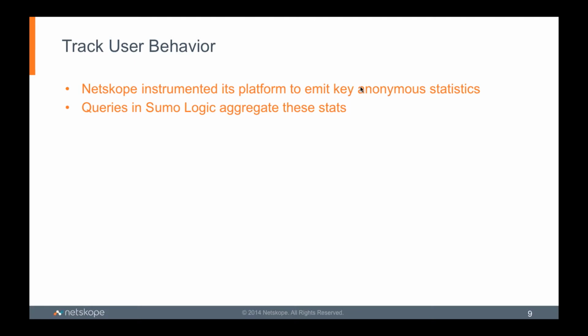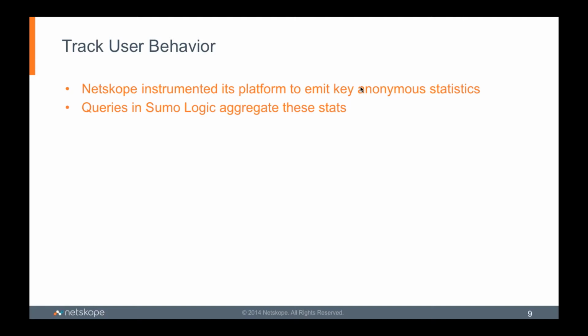So I talked about first use cases to track our customer or user behavior, and one of the things we did, as Kumar said, is developers instrument their code to log messages, and with messages we log certain anonymous statistics. Which URL was visited, by what anonymous user ID, and whether they logged in, or the login failed, or did they see a 200, or a 404, or 5xx.